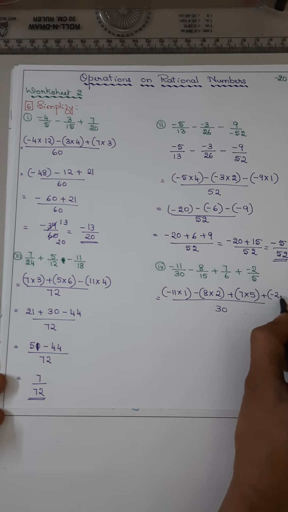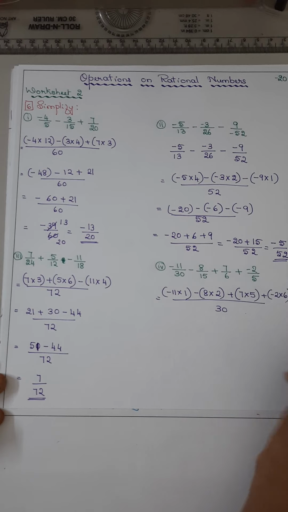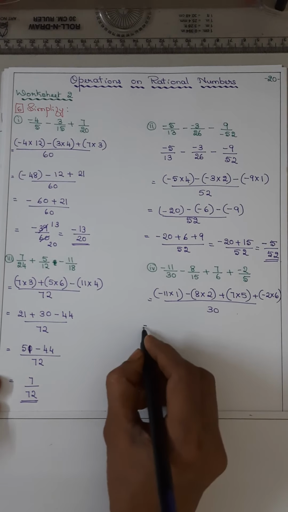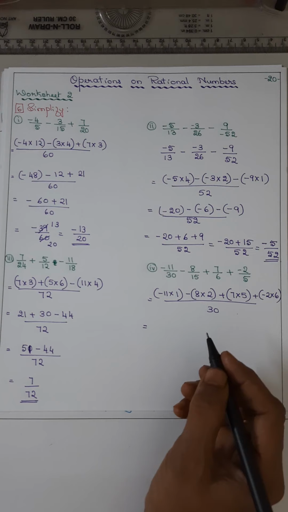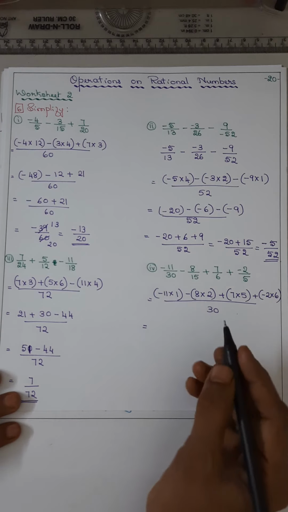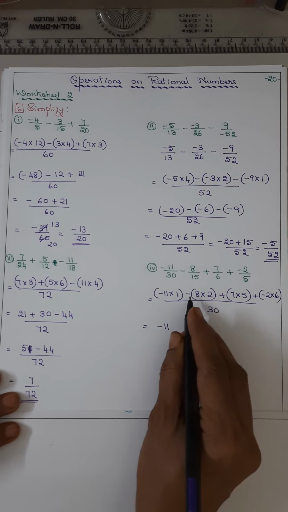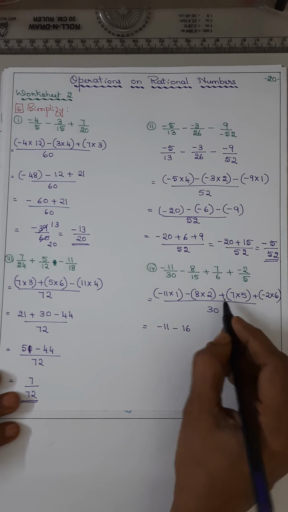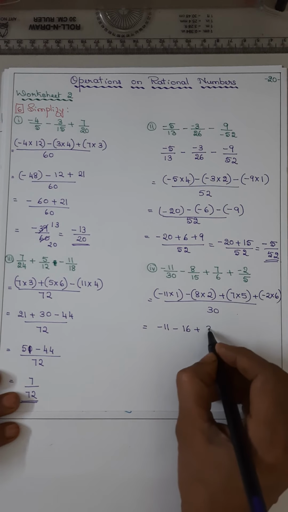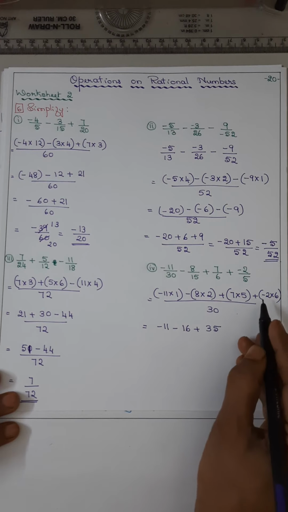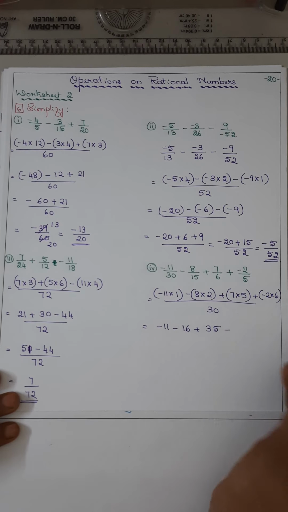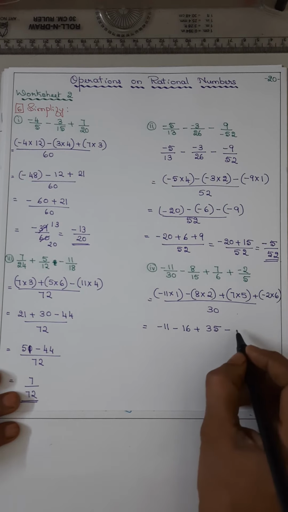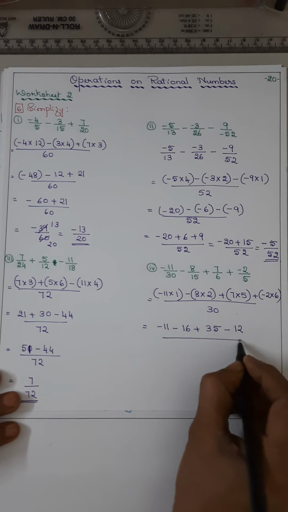Then minus 2 into 5 6s are 30. It's becoming easier, isn't it? Easier than the earlier method. Now minus 11, this one will be minus 8 2s are 16. Now plus 7 5s are 35, minus plus minus minus and plus minus minus. So minus 6 2s are 12 upon 30.